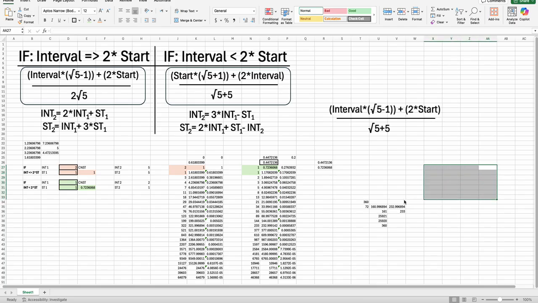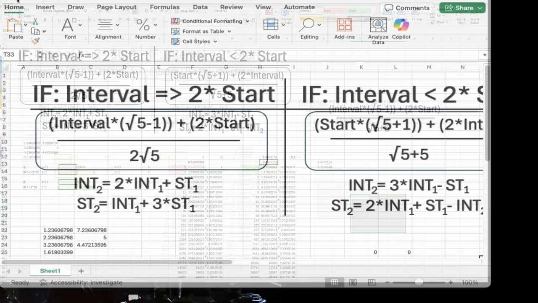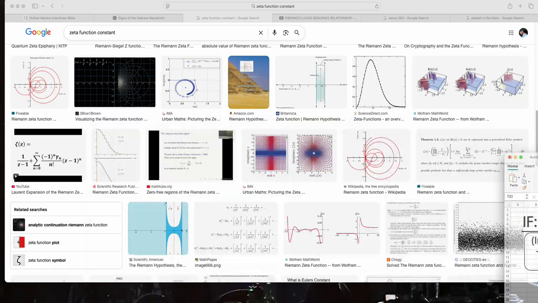Okay, the square root of 5. This got me down kind of a study of a pentagon and the geometry of a pentagon.